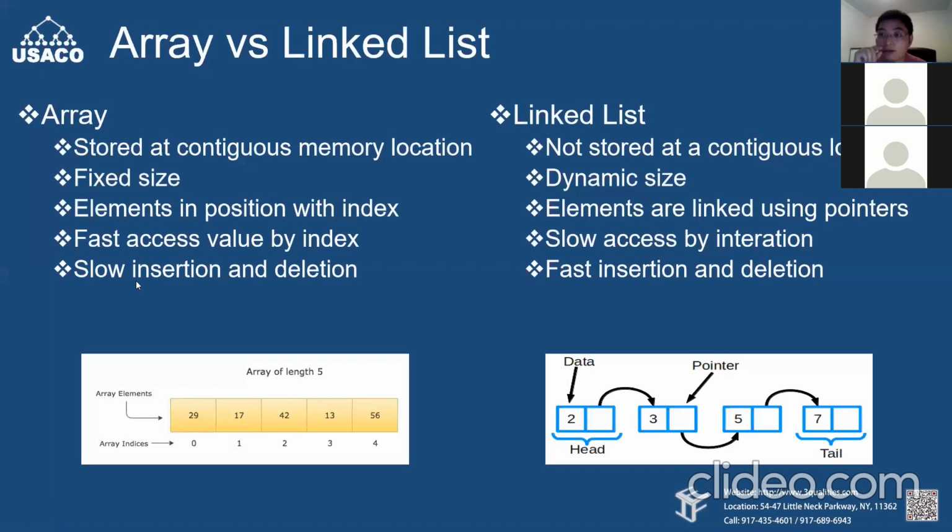Why do we say that? Because in order to keep the contiguous memory location, just as I explained, if you have 10 slots and you try to add an 11th, you have to find another 11 contiguous memory locations and copy everything over. All that copy action is overhead operations, so that's why it is slow.